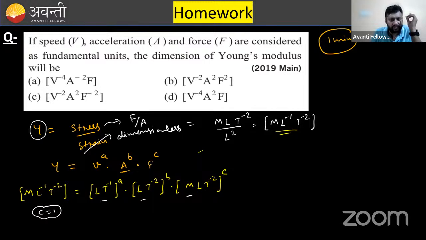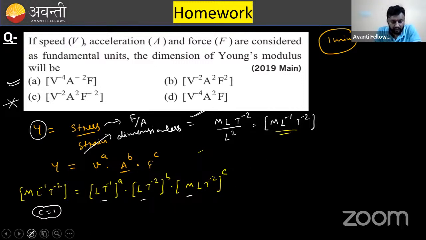How can you say option C is correct? In option C, you can clearly see that force has a power minus 2, but we are getting c as 1, which means force must have a power 1. So either option A or option D should be correct. Only these two options may be correct.